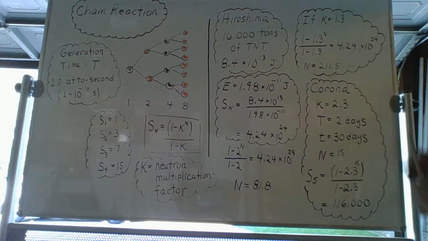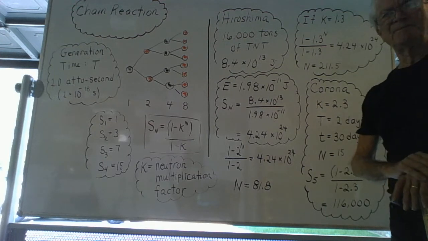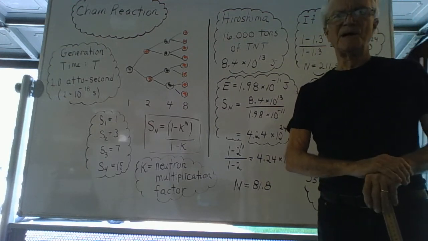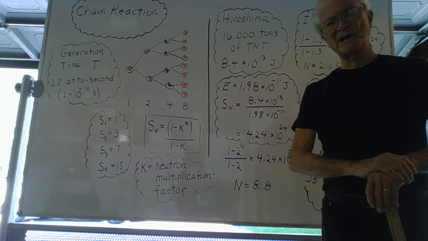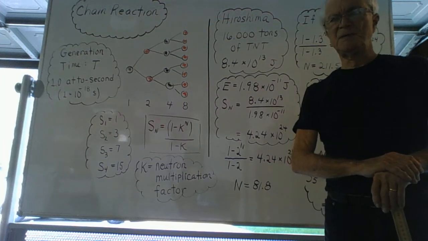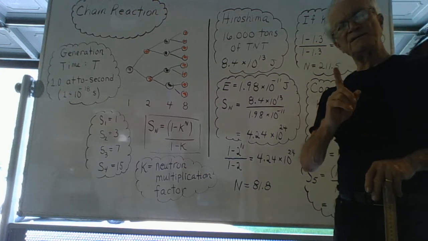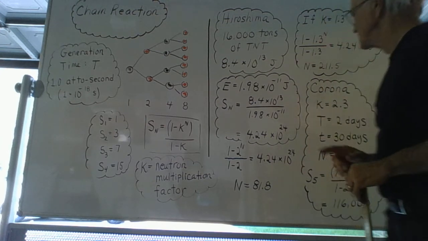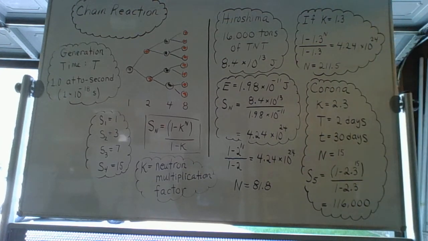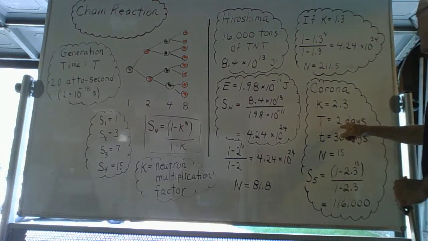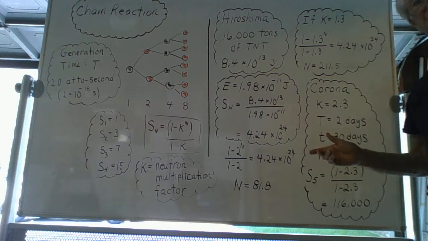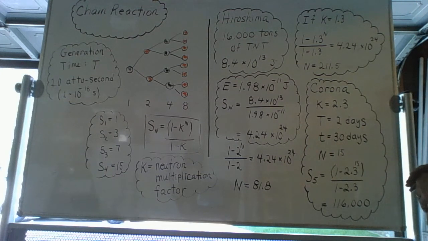Now, this neutron multiplication number calls to mind the infection rate of the coronavirus. In the beginning, it was thought that each newly infected person infected 2.3 more in just 2 days because of their interactions with friends and family and co-workers.